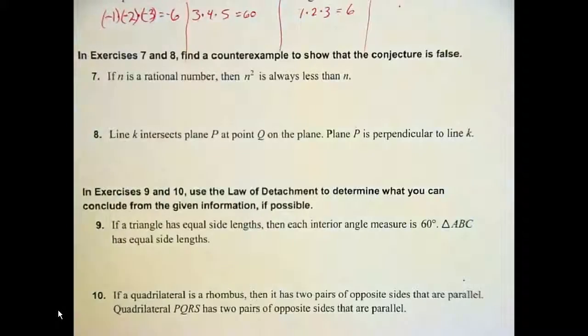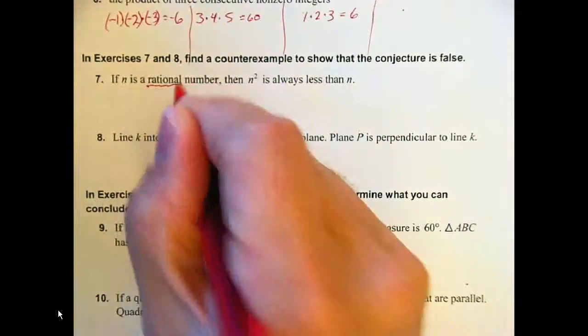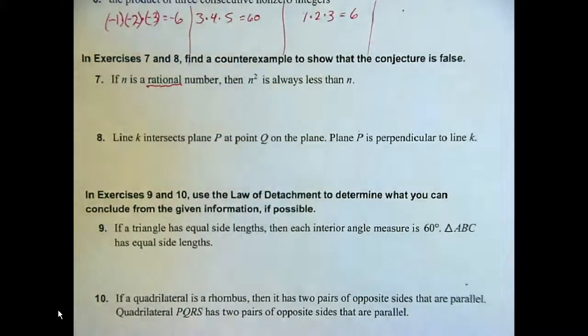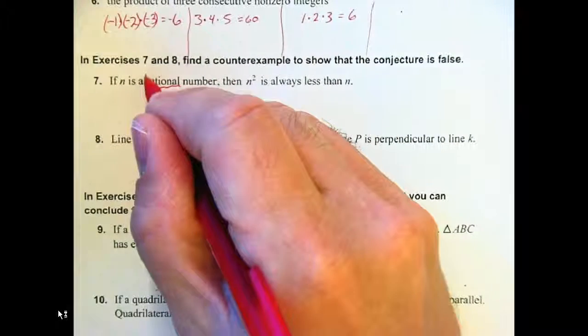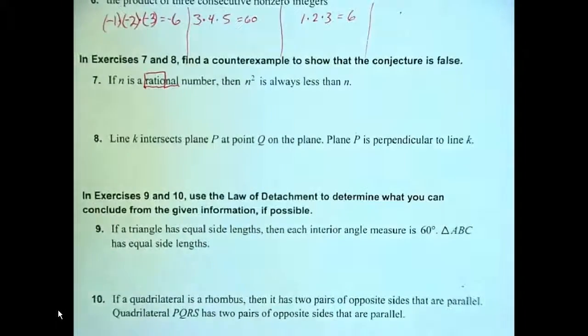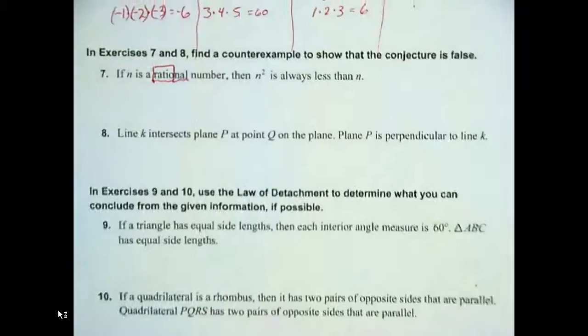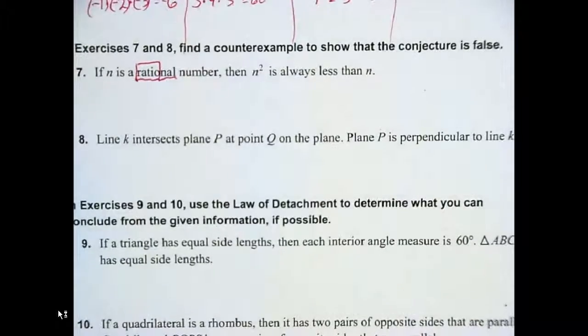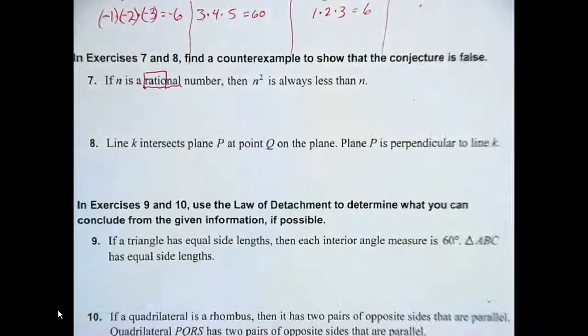So Jeremiah, what's a rational number? Ratio. What's a ratio? A number comparing two numbers, like a score on your assignment, right? So what do we call that score on your assignment?